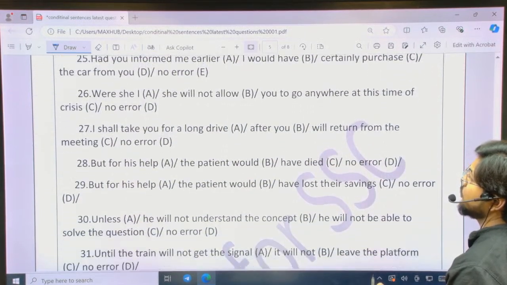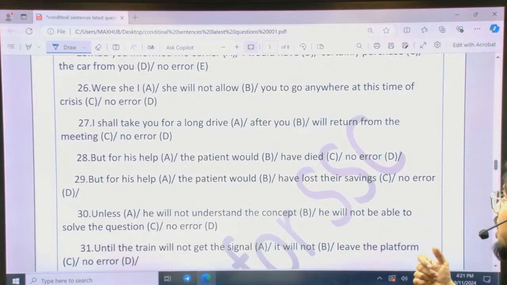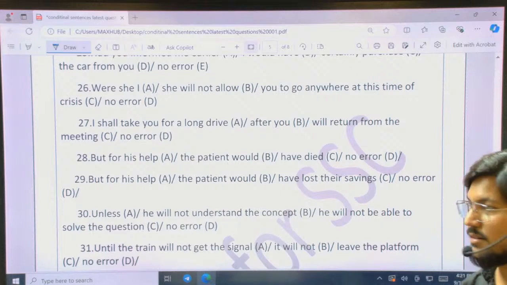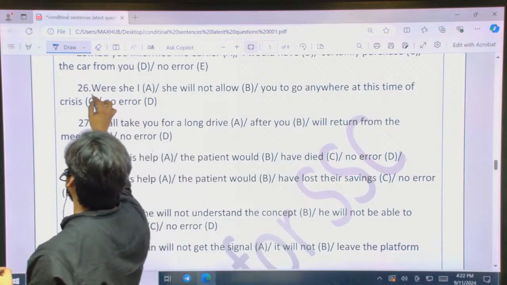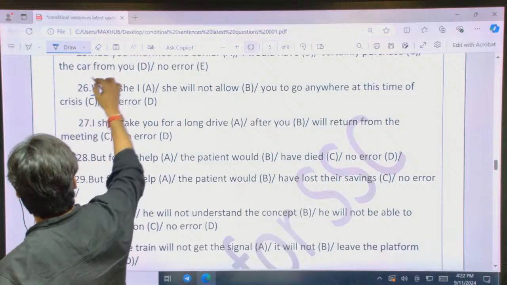Question number 26. Very good. Were she I, she will not allow you to go anywhere at this time of crisis. Sentence correct. Can we start any sentence with were? Yes, I taught you.